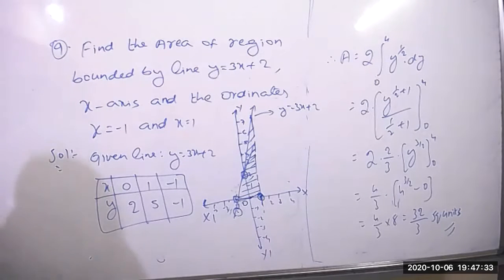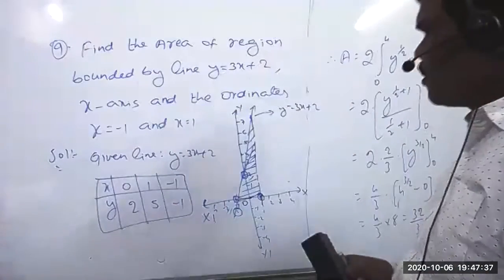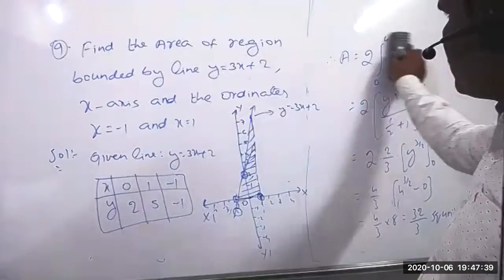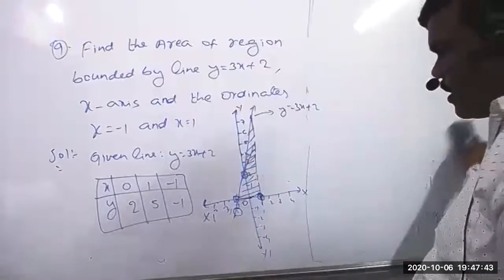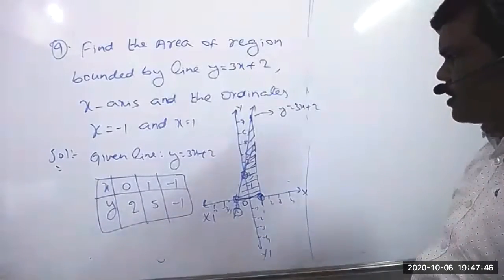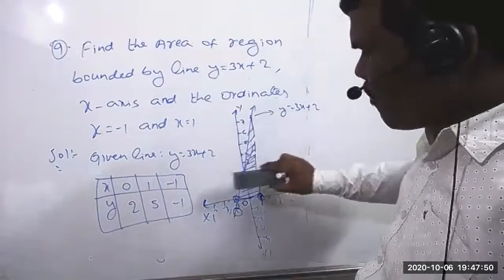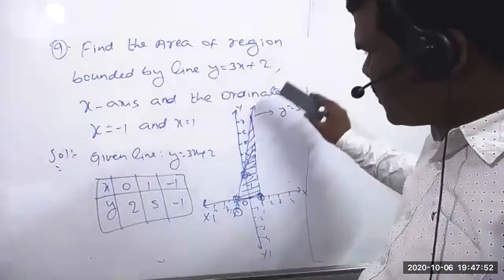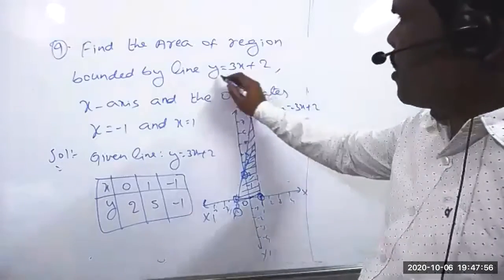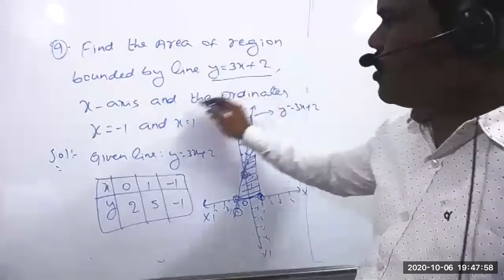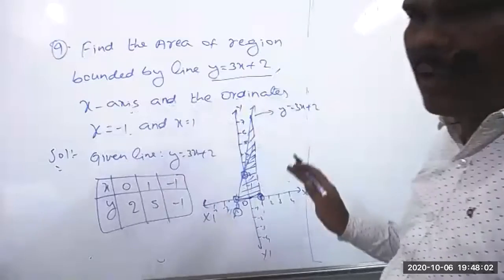One more thing here, just 1 second, give me 2 minutes, all of you, because still we are not getting the complete diagram. Now look at the problem itself: y equal to 3x plus 2 and the x-axis, and the ordinates x equal to -1 and x equal to 1.